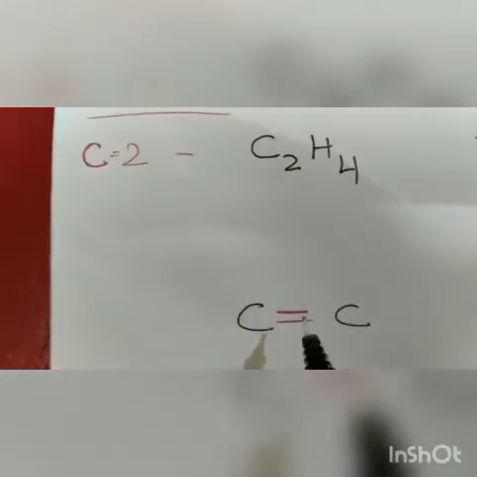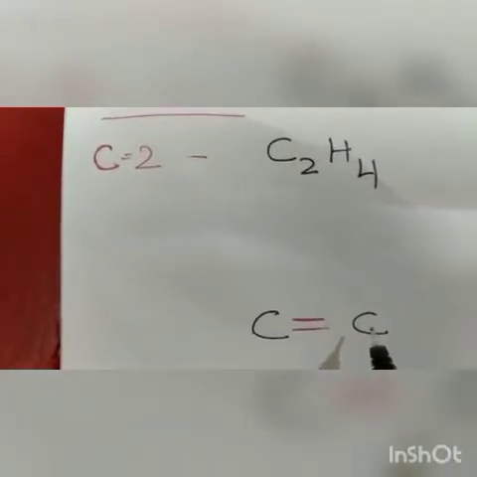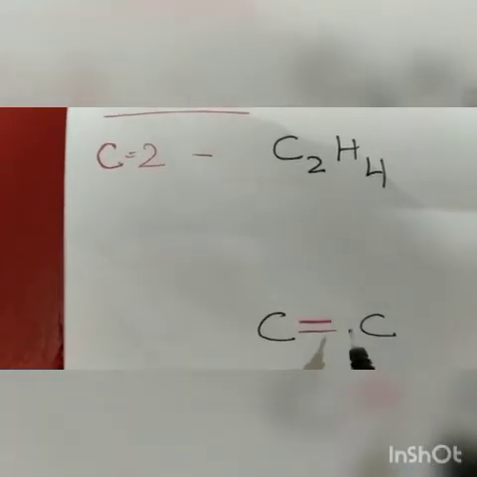Now just remember, this is very, very important. This is a carbon atom and this is also a carbon atom, because here there are 2 carbon atoms and there is a double bond. As I told you earlier, a double, triple or single bond will exist between carbon-carbon. So how many valence electrons does carbon have? 4. Out of 4, 2 electrons of this carbon are used up in sharing with the other carbon atom, and 2 electrons of the second carbon atom are also shared with the first carbon atom.